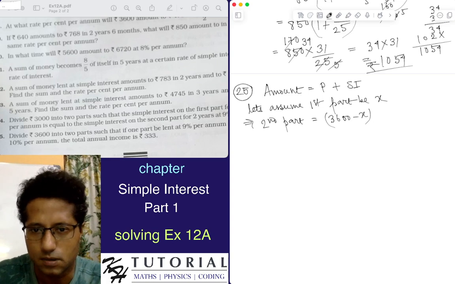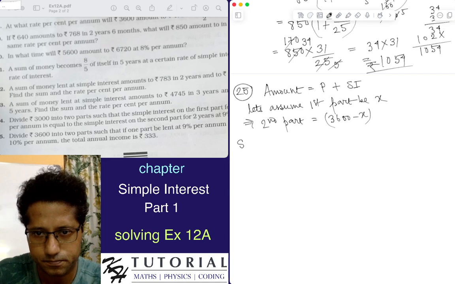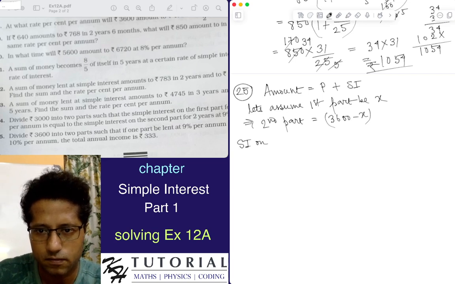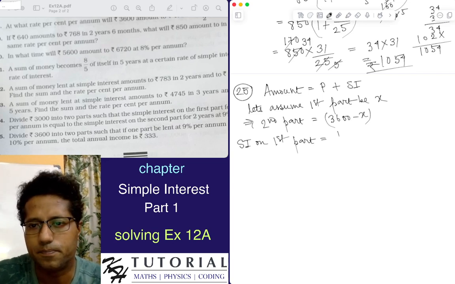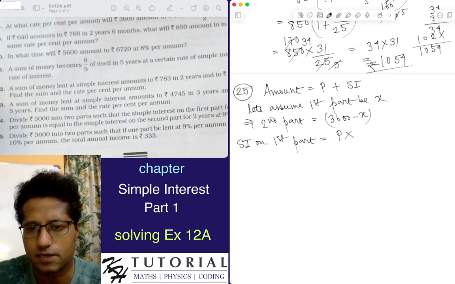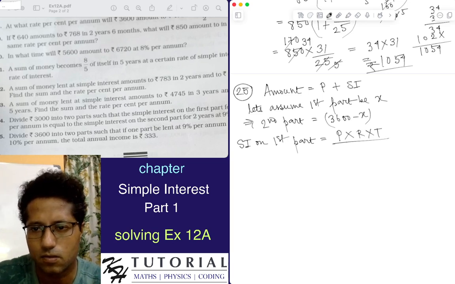Now for the first part, simple interest on the first part is, we know the formula for SI is PRT by 100. Now T is 1 year.